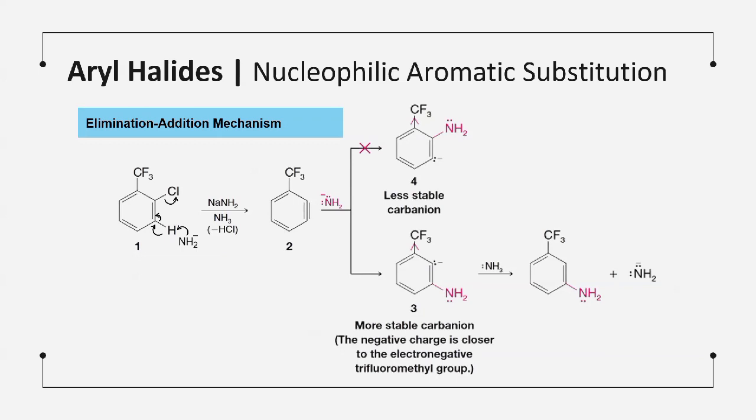And yun nga, then is the addition of our amide ion, in which case it will attach itself in a way na mas malapit yung negative charge natin dun sa electronegative group. Then further protonation would give us our product. Yun.